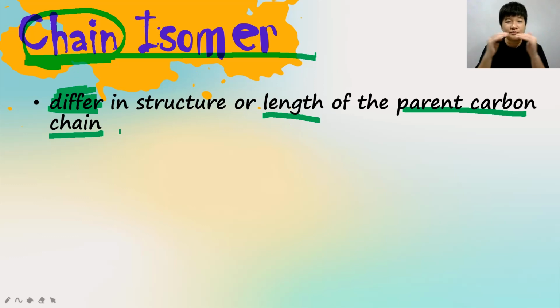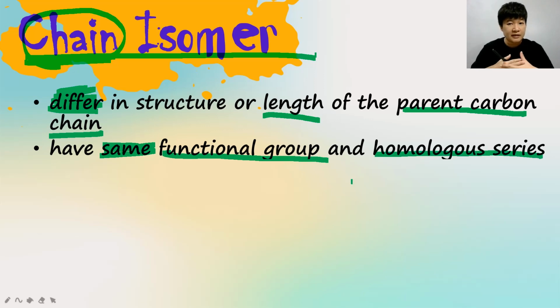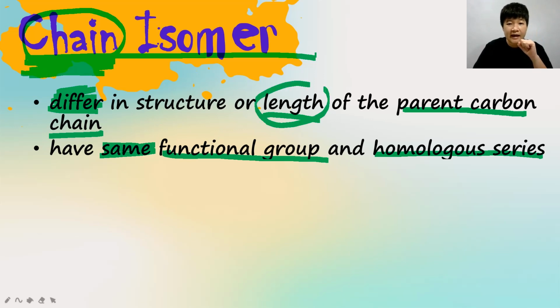So the longest parent chain is the one that needs to be different. But the functional group or the homologous series should remain the same. Bear that in mind. For every single isomer, we only change one thing. There should be only one difference. And for chain isomer, the difference that we are looking for is the length of the parent carbon.